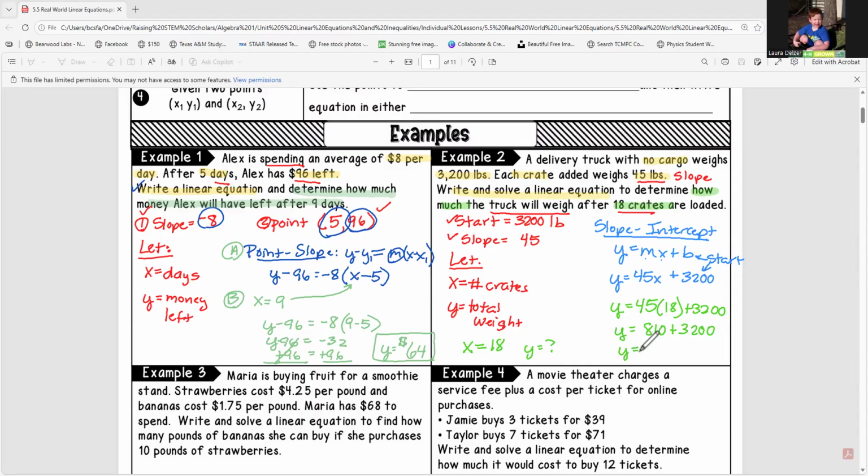And then when we add those two together, we should get 4,010 pounds. That's how much the truck weighs once we add all those crates. Okay, so you've seen an example where we used point slope, and you've seen an example where we've used slope intercept. I'm going to go ahead and clear off my page. If I'm going too fast, pause it.